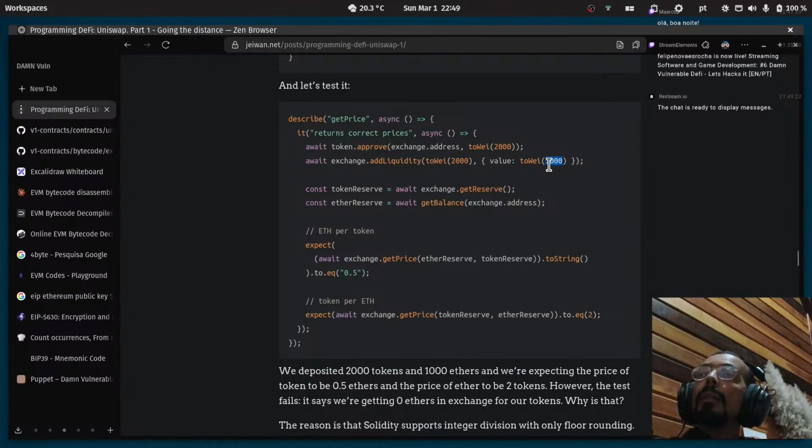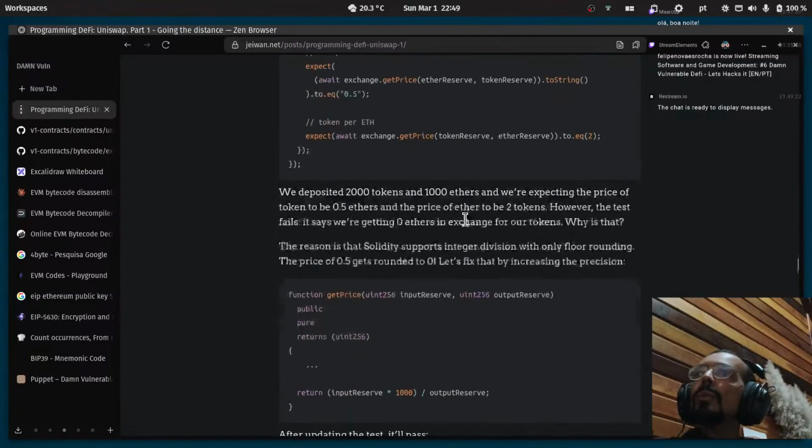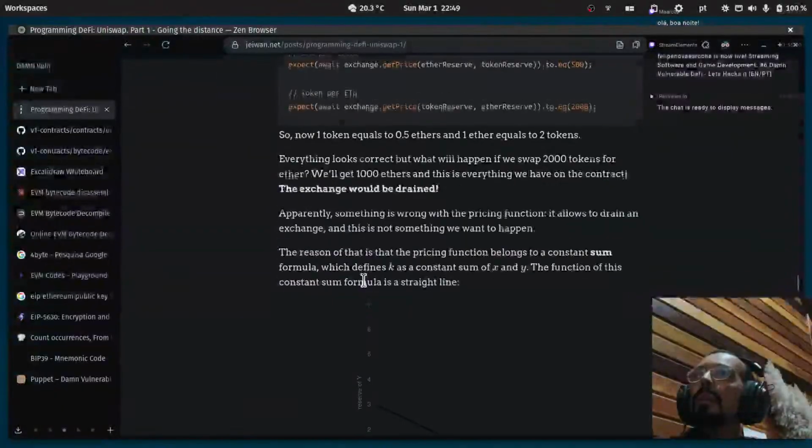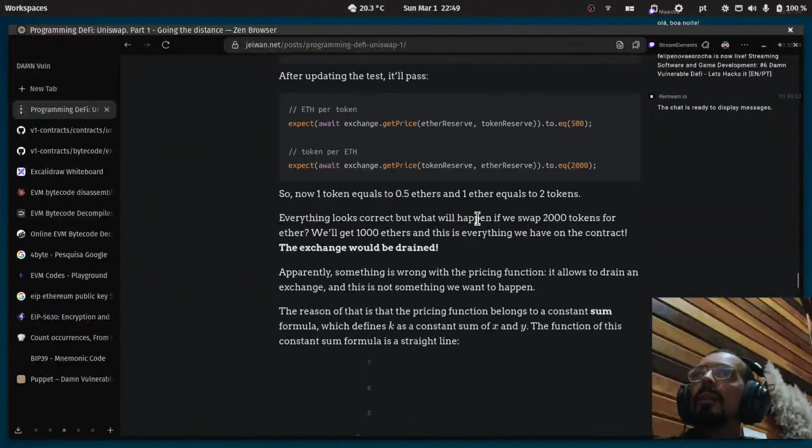And if I want to take out this, I just need to provide 2000 tokens, right? I think they said that. Yeah. If you give 2000, because that's the price, it's going to be drained. Apparently nothing is wrong with the pricing function. It's allowed to drain an exchange, and that's not something we want to happen.